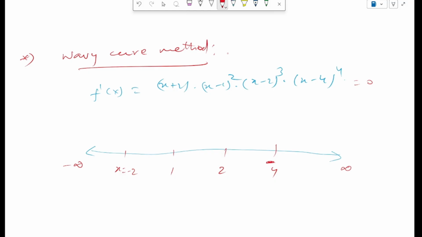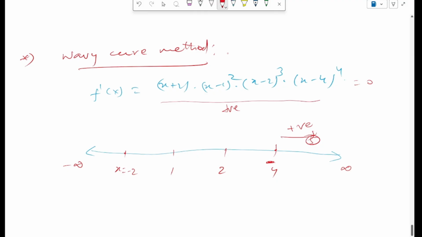We will take only one point, which is easier for us. By looking at this equation, we can take anything like 5. 5 is easy, right? Everything will become positive, so in this whole region we will get a positive value of f dash x.